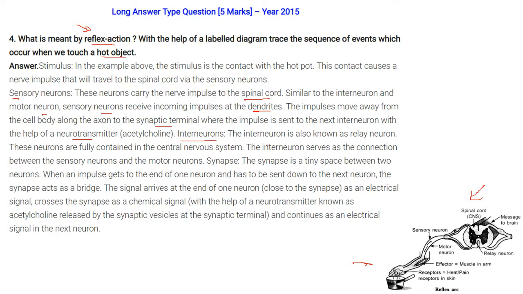The interneuron is also known as the relay neuron. These neurons are fully contained in the central nervous system. The interneuron serves as the connection between the sensory neuron and the motor neurons.